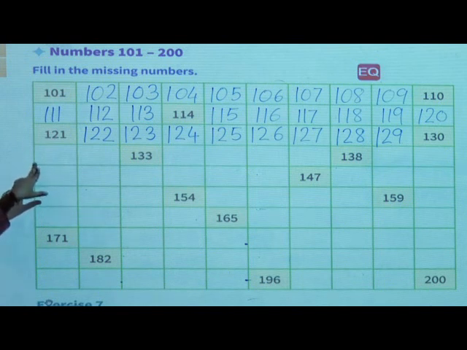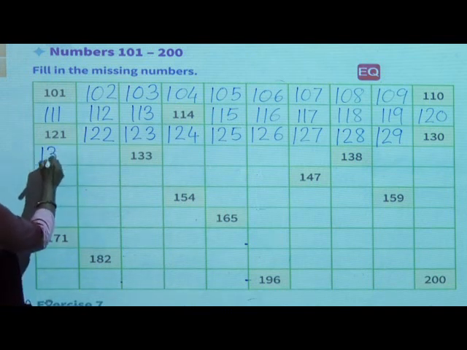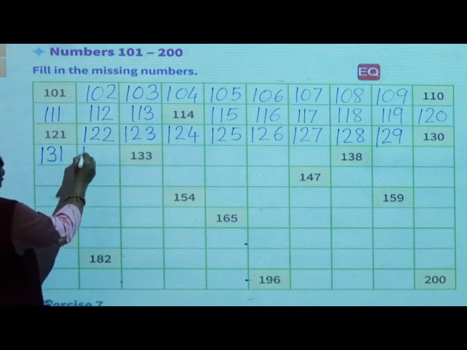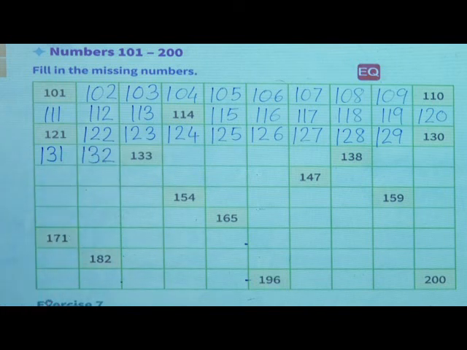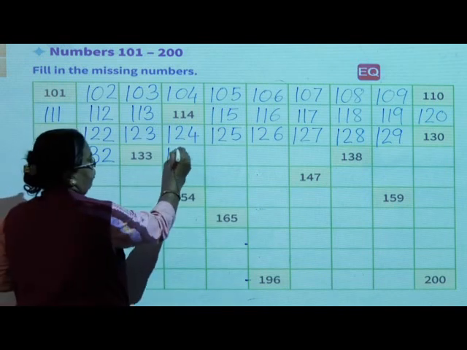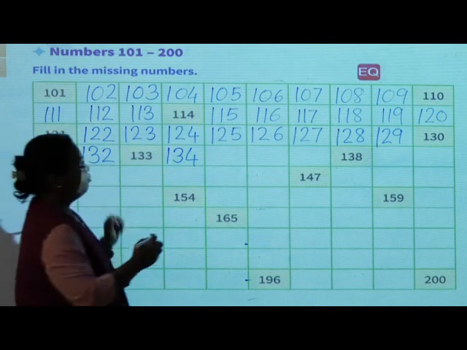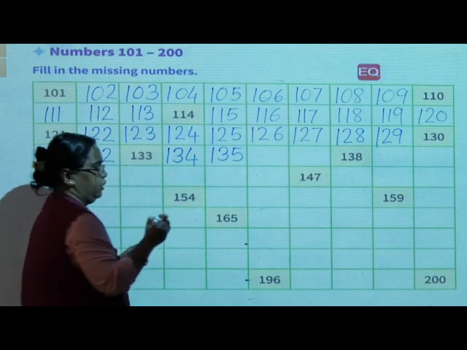Yes, 131. So write down 131. Then after 131, 132. Yes, then after 133, 134. Then after this, 135.